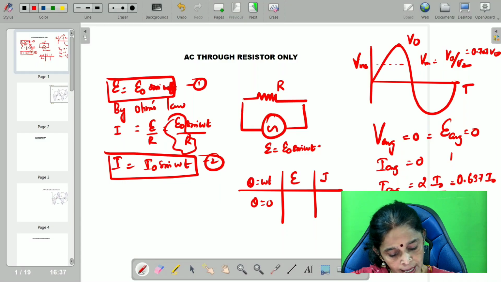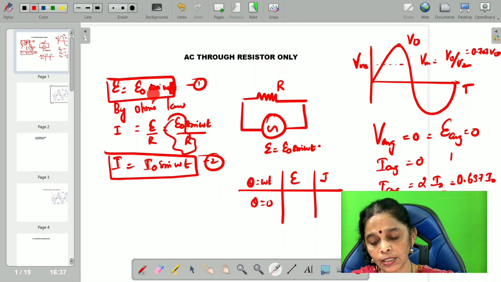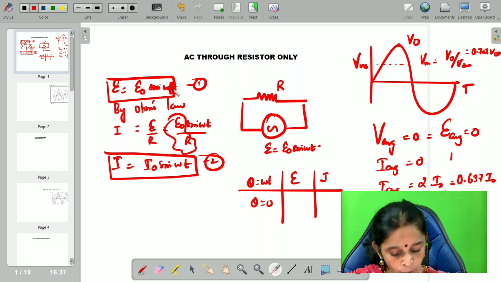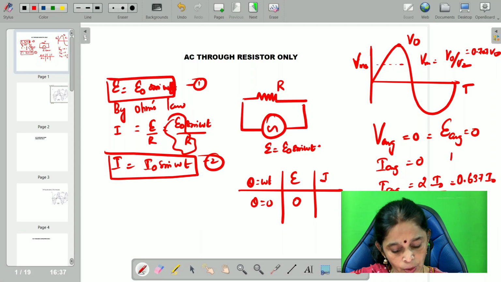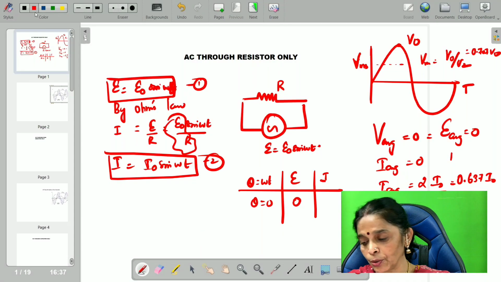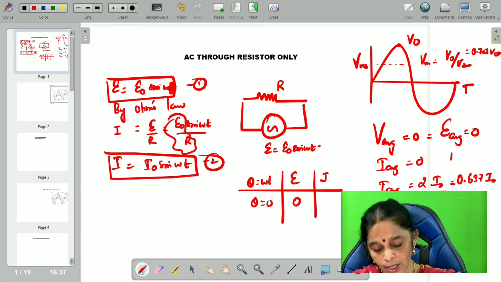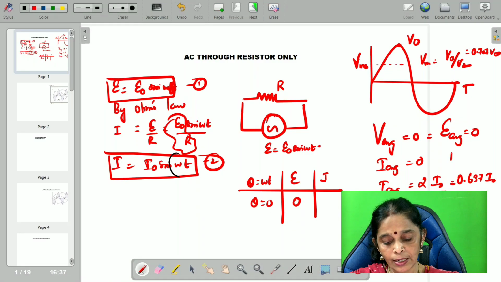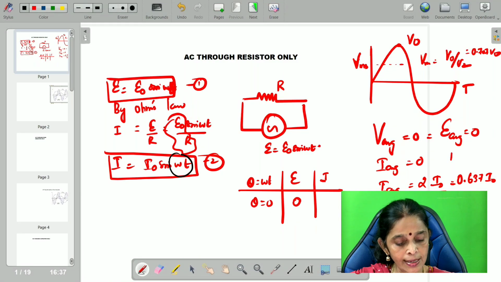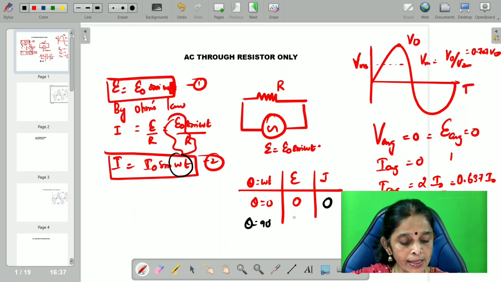Sine 0 is 0, so E is 0. What is sine 0 for the current? That is also 0. When theta is equal to 90 degree, E is equal to E0 and I is equal to I0. When theta is equal to 45 degree, E is equal to E0 by root 2 and I is equal to I0 by root 2.